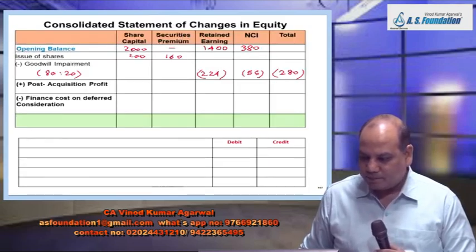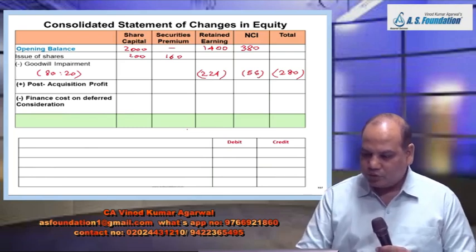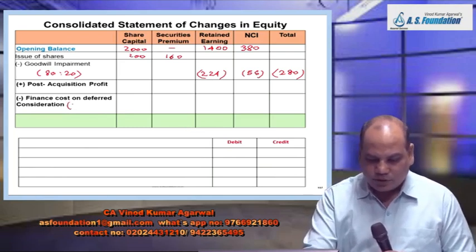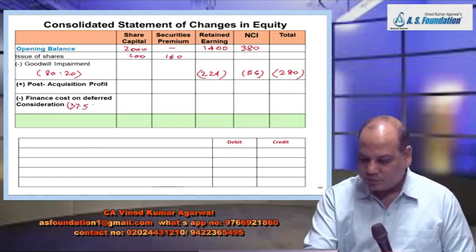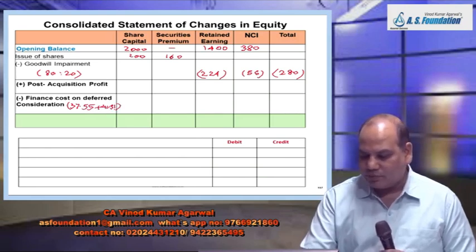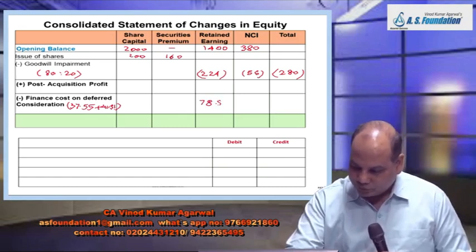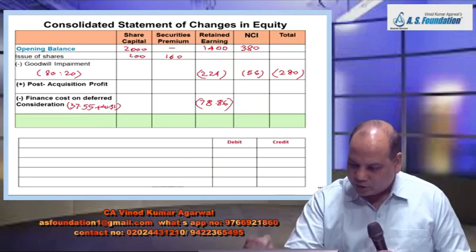Will reduce it from retained earnings. So come to this line, finance cost on deferred consideration. Total of the two interest, first interest was 37.55 and second interest was 41.31. So total is how much? So this you will reduce from retained earning.